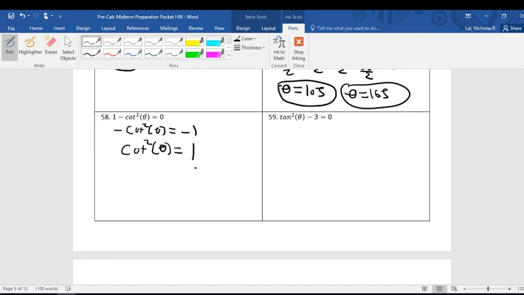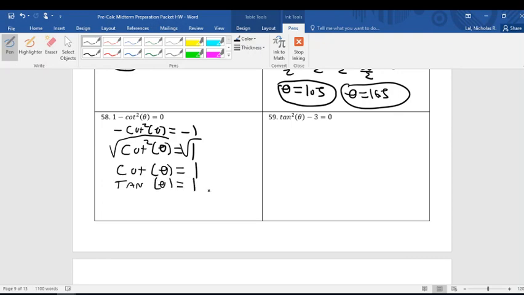And actually, take the square root of each side. So the square root of 1 is 1. So the cotangent of theta is equal to 1. And actually, the cotangent of theta is going to equal 1 when the tangent of theta is equal to 1.